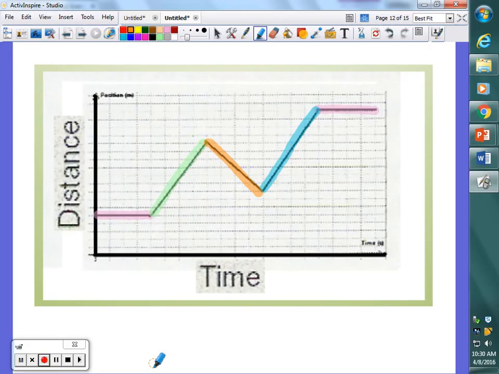Correct answer: during the blue section and during the green section, the object has the same velocity. The answer is true. See, I told you. Velocity depends on the slope, not where it is.